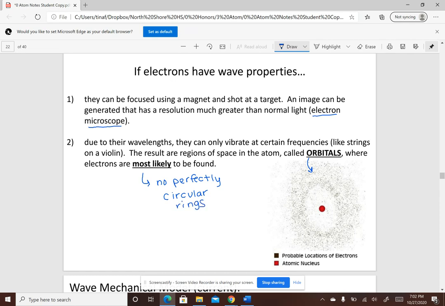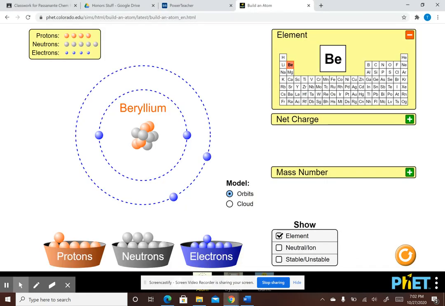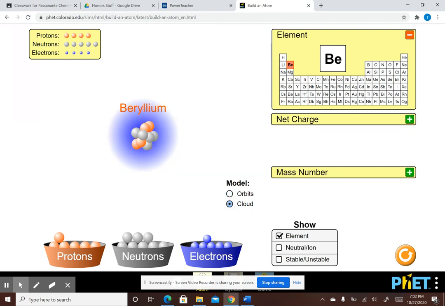So we're going to get to play with this animation eventually, but here's a diagram of the atom beryllium, and you'll notice that there's 2 electrons in that first ring around the nucleus and 2 electrons in the second. Okay, and we're assuming that they follow this pathway every time they go around the nucleus. If I choose the cloud model, which is what we really know to be the case now, see that blue fuzzy area?